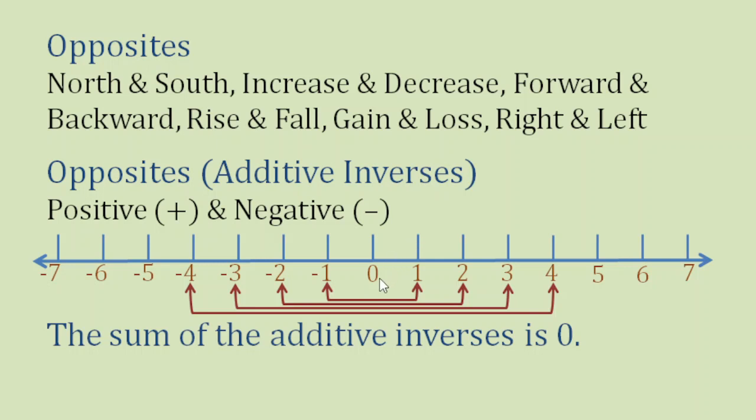Notice that the distance from 0 to 1 is equal to the distance from 0 to negative 1. And also, the distance from 0 to 2 is equal to the distance from 0 to negative 2, and so on. So if we add the inverses, the answer is 0. For example, 1 plus negative 1 equals 0, and 2 plus negative 2 equals 0, and so on.